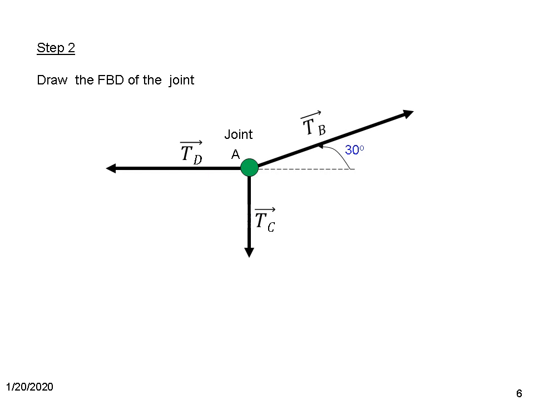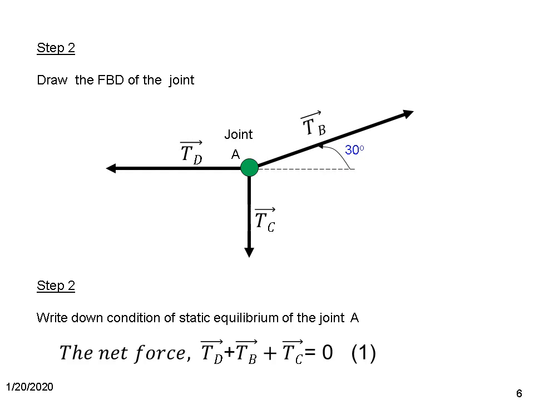Now consider the free body diagram of the joint. The joint is under static equilibrium by tensions in the cables TD, TB, and TC. The condition for static equilibrium is that the net force acting on the joint is 0.